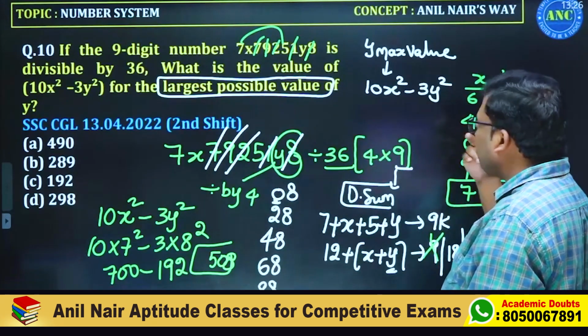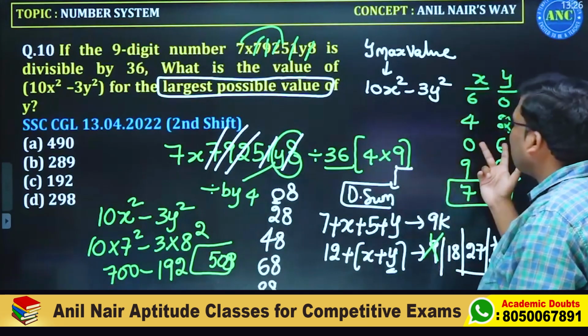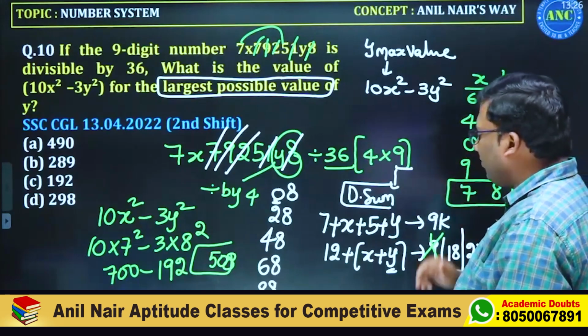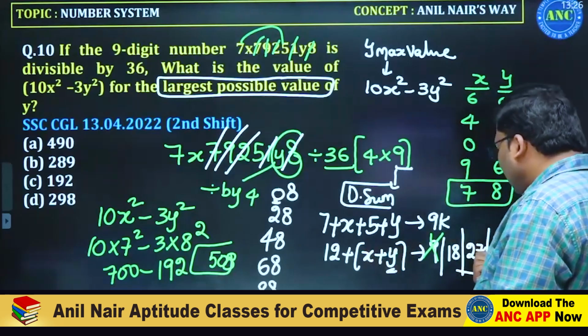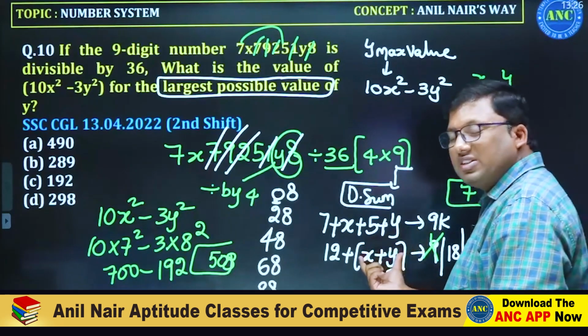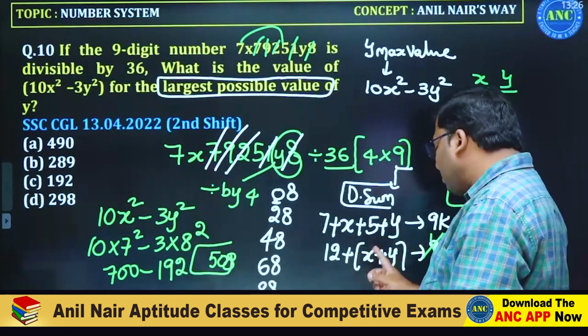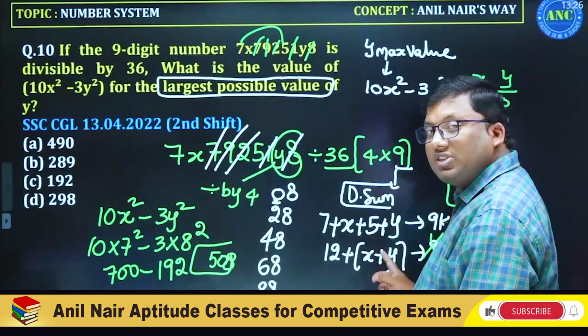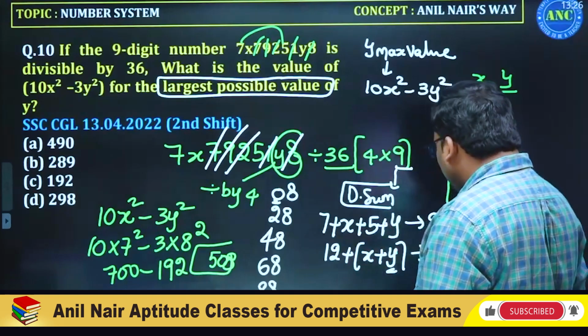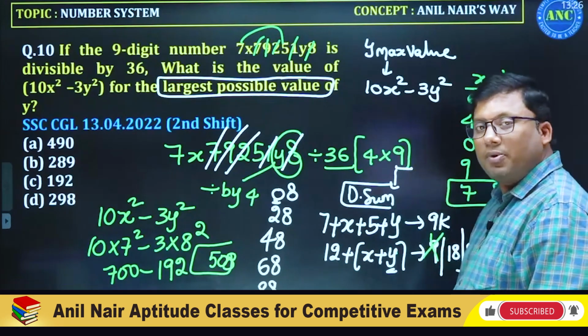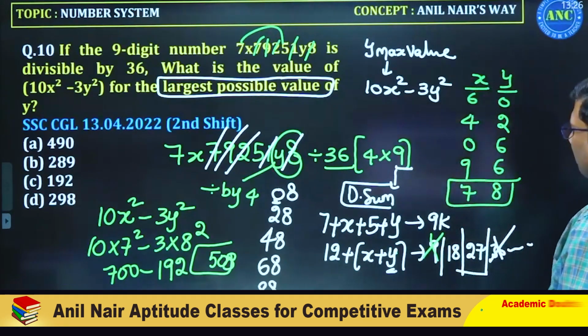Can it be 24? Is there any other case? 24, is it possible? No. 9 plus 9 is 18, 18 plus 12 is 30. That means 9, 18 and 27. Only these are possibilities.